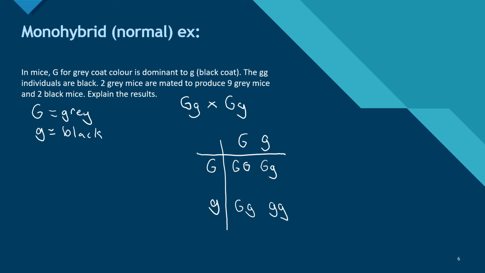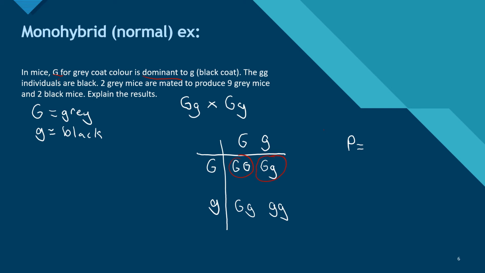So we can say that our phenotypic ratio, sometimes I just like to write a little p to represent that. Let's count how many of them are gray. Well, big G equals gray. So this one is gray, and there's no more big G. But we know that the big G is dominant to the little g. I see that this one has a big G, so I'm going to circle it, because that means that it's still gray.